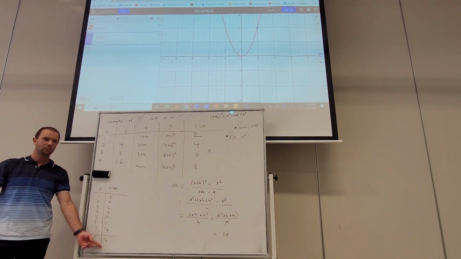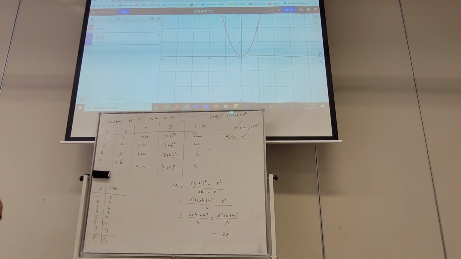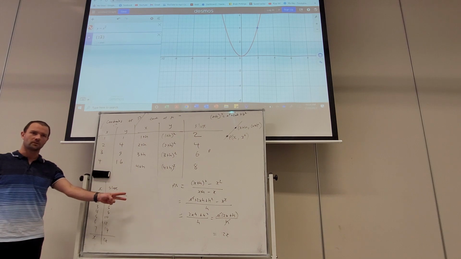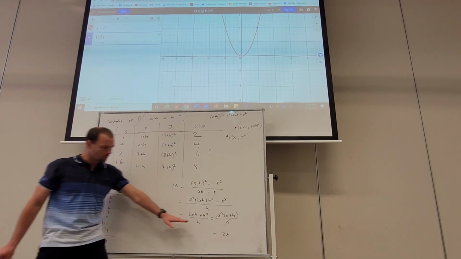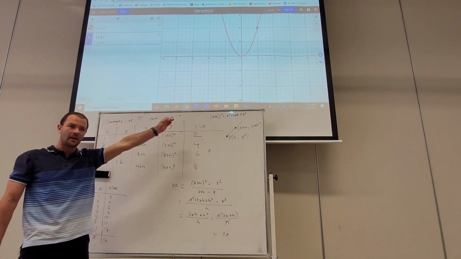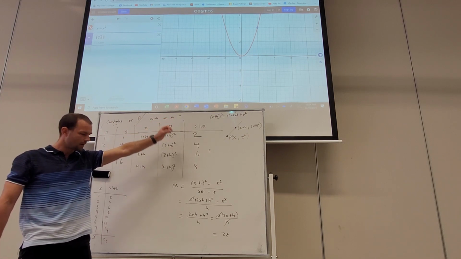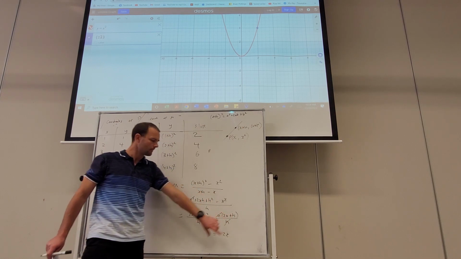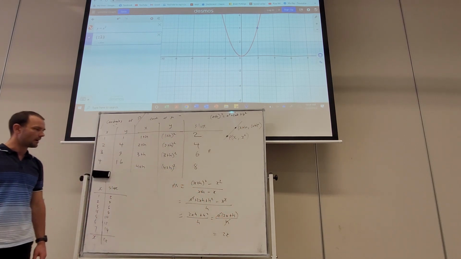Gorgeous, right? Beautiful. Fantastic. This is the slope function. That means we can know the slope on this function for any value of x. What's the slope when x is 1,000? 2,000. All right? So that's really cool.